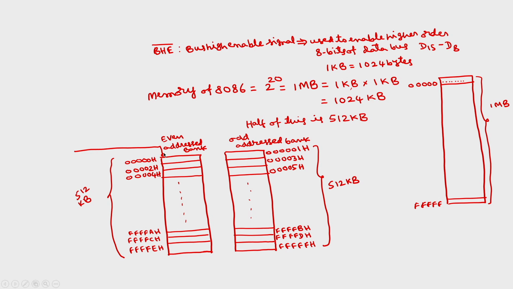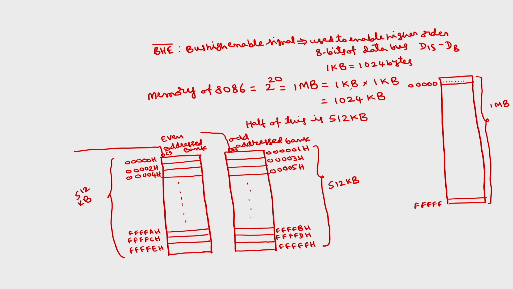This is called the chip select signal, CS bar. In order to select any location, the first requirement is to select the chip. If I apply a logic 0 on this chip select signal, that particular chip is selected. After that, you select the location.